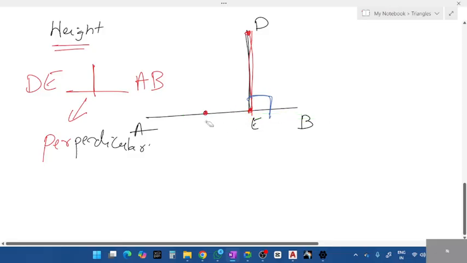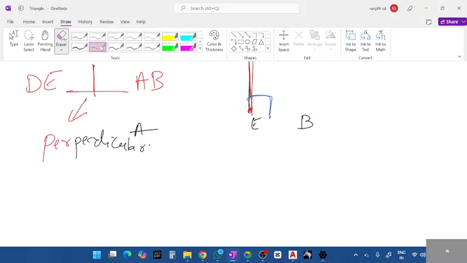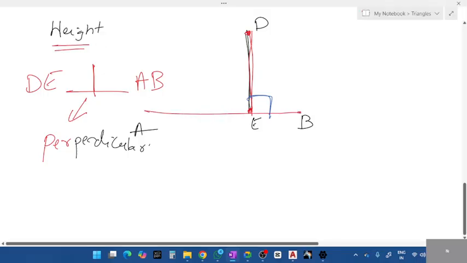Now look here. This is the line AB, and I'll take another line AB and create a midpoint here.